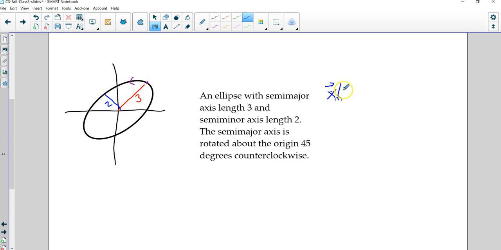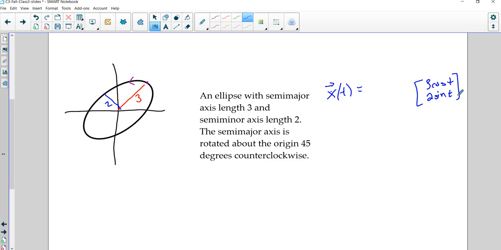So x of t, and then we had 3 cosine of t, 2 sine of t, but then it is rotated, and I want you to pause and remind yourself of the rotation matrix that we saw back in Calc 2.